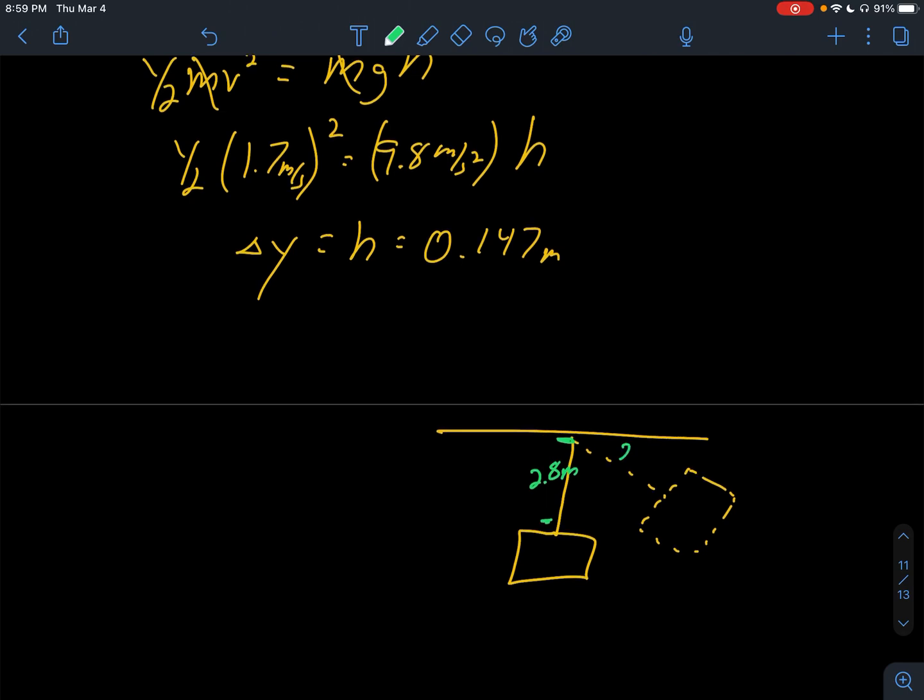And also, this side is 2.8 as well, from here to here. So this went from some zero mark, and it is now up, whatever this would be.